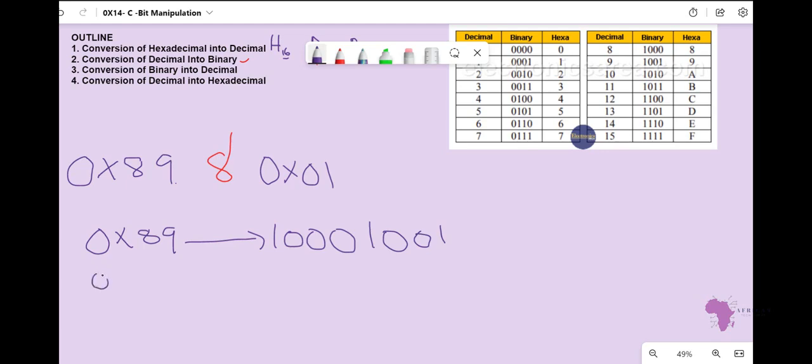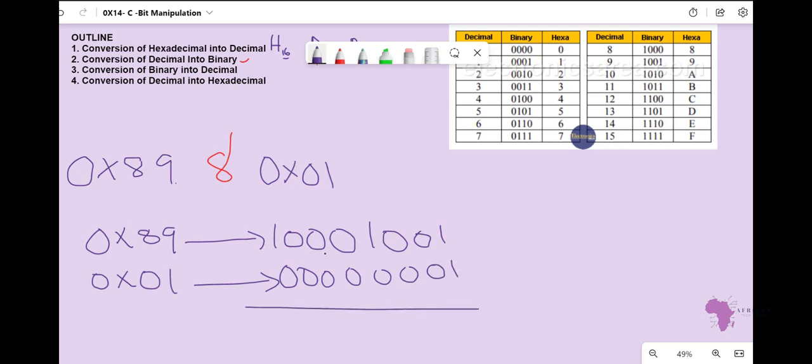Then we have another one, 0x01, which is equal to 0000 0001.